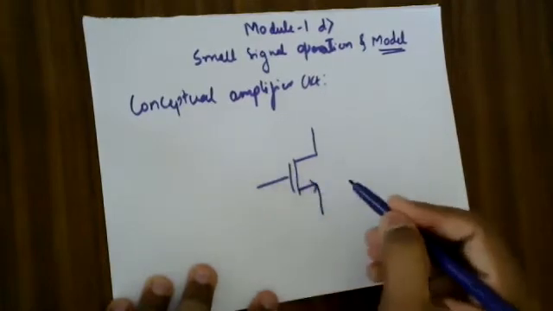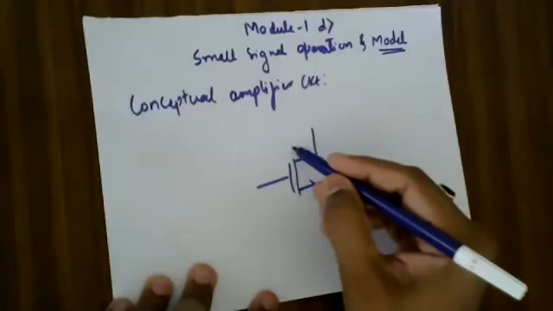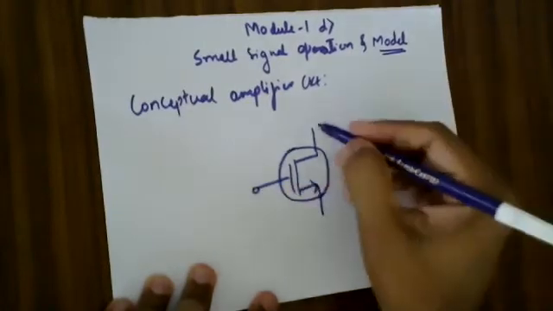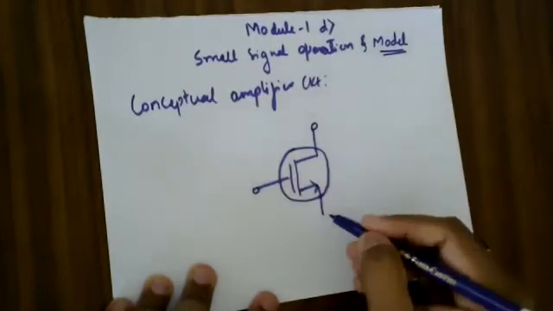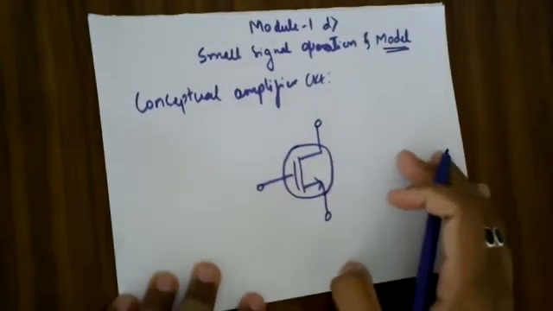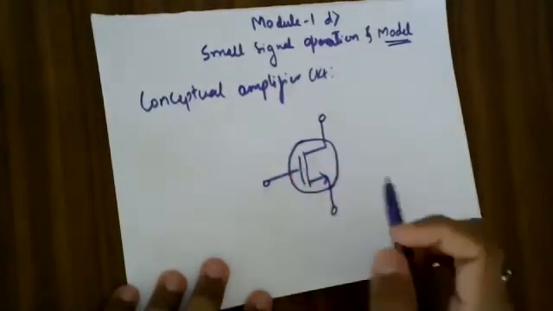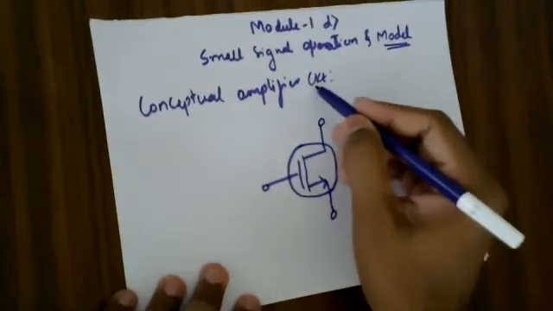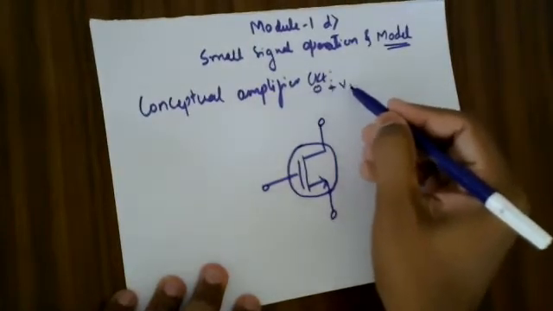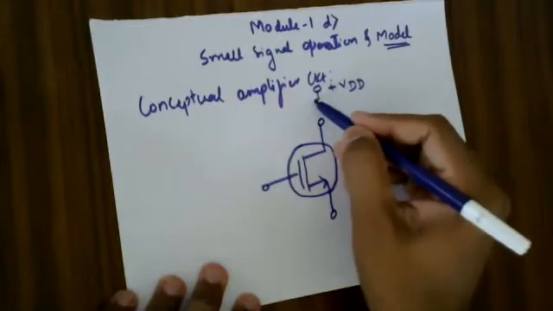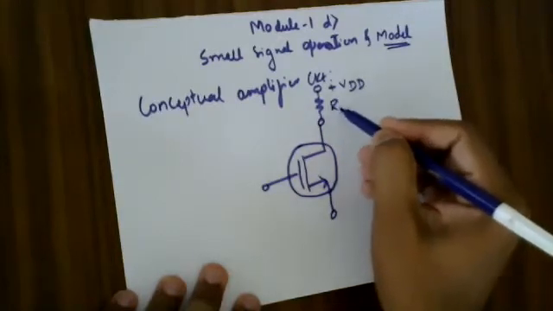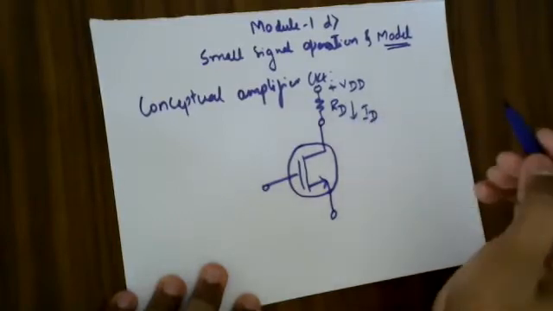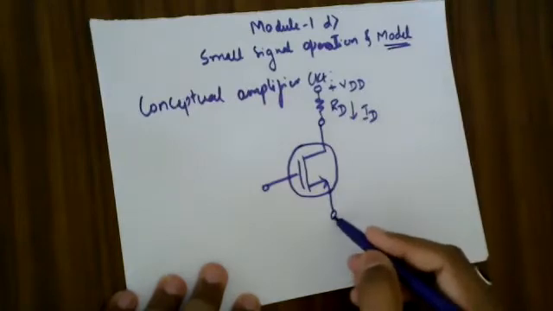This is how I represent my MOSFET with its three terminals. In this conceptual circuit, we connect the drain to the positive source plus VDD through a resistance RD, the current that flows is ID, and the source terminal is connected to the ground.